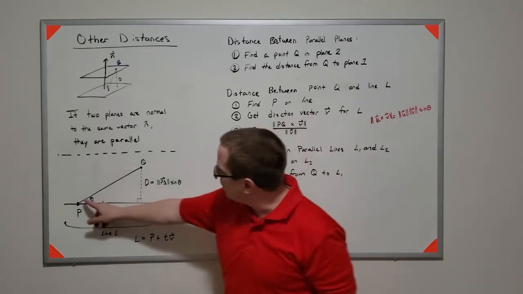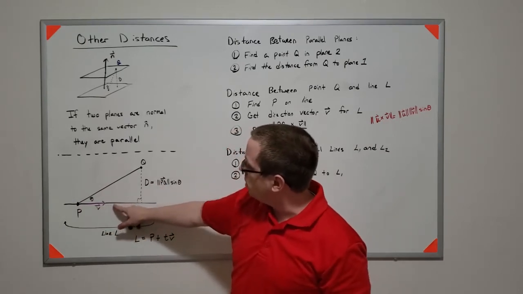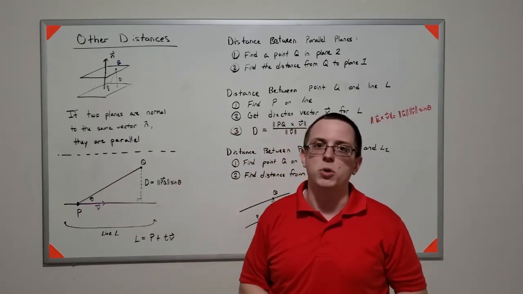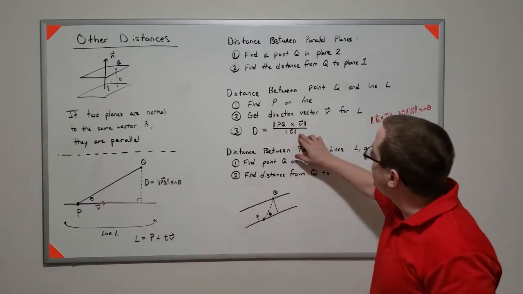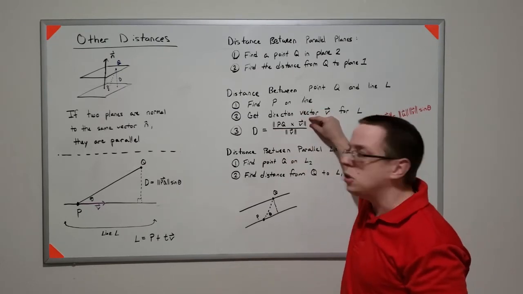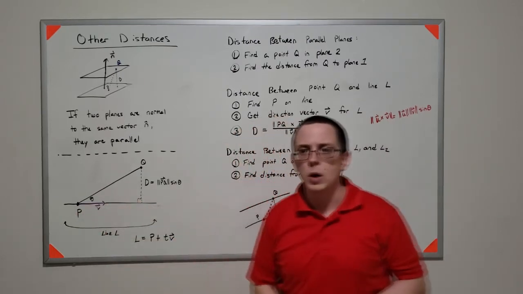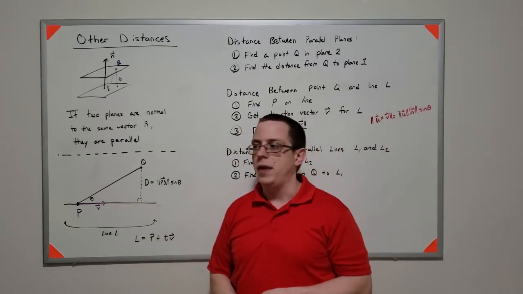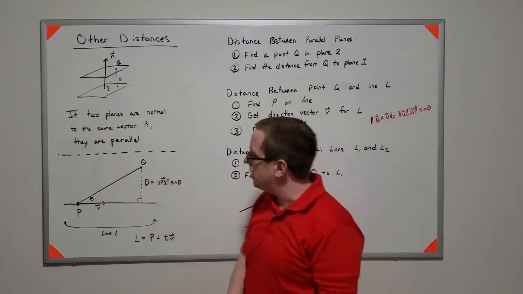So in this case, you could think of it as the magnitude of PQ times the magnitude of V times sine of the angle between them. But we don't want that magnitude of V, so we just divide by it. So if we take the cross product, take its magnitude, and then divide out the magnitude of that direction vector, then we can guarantee that we get the result we want. And that's how we get that distance.